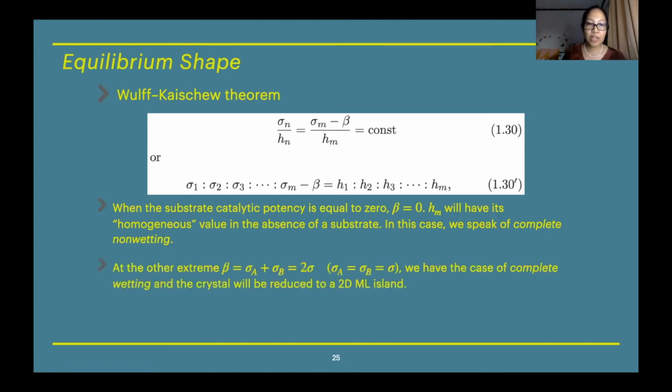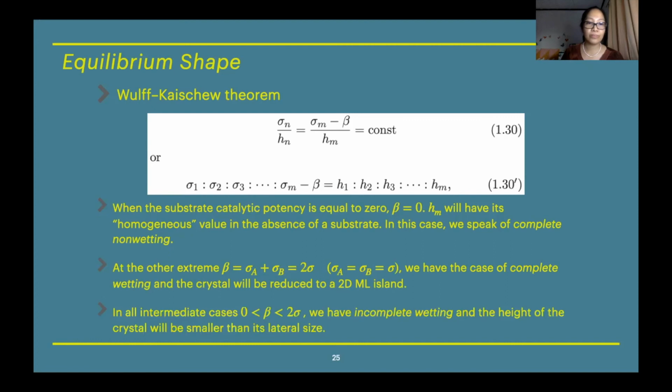At the other extreme, when the value of beta is 2 sigma, resulting from the sum of sigma A and sigma B, where sigma A is equal to sigma B equal to sigma, then we have the case of complete wetting, and the crystal will be reduced to a two-dimensional monolayer island.